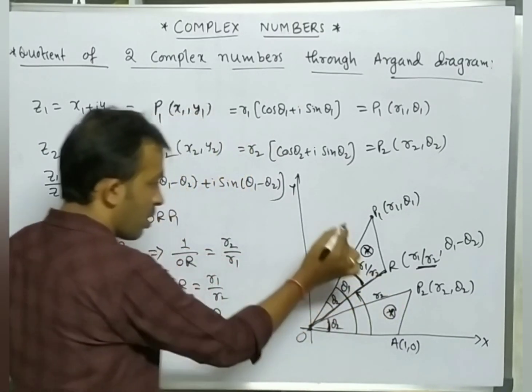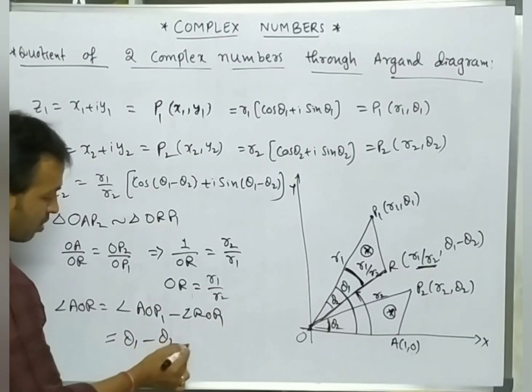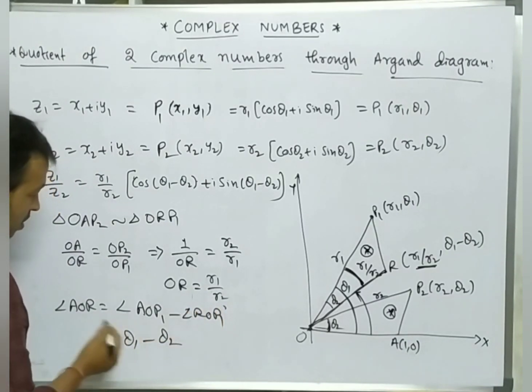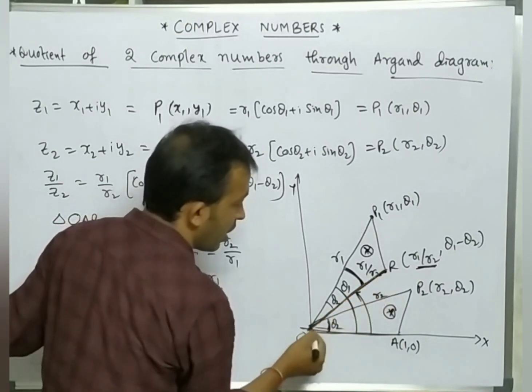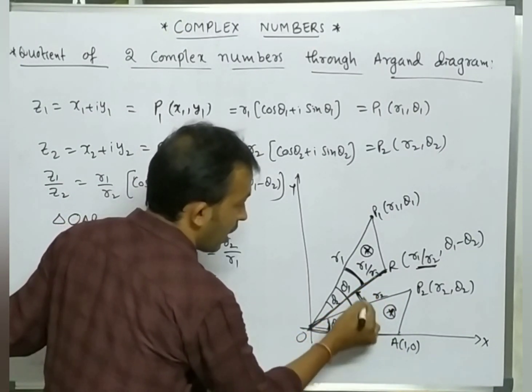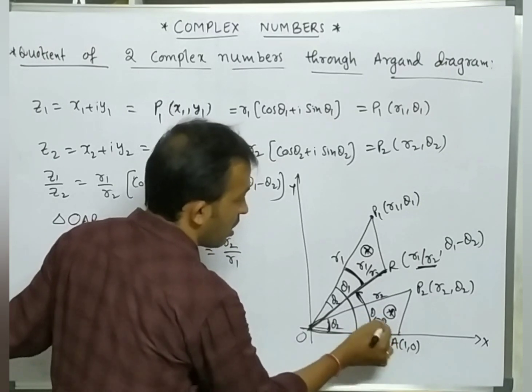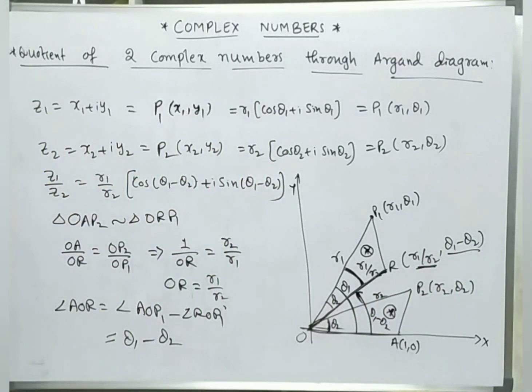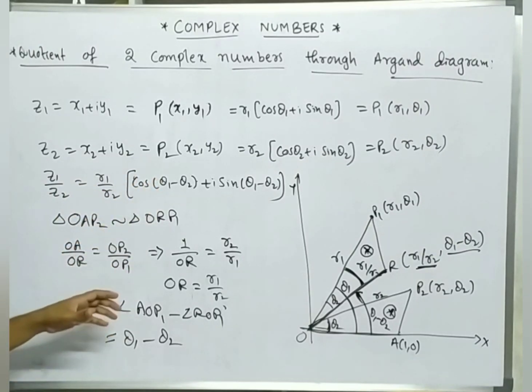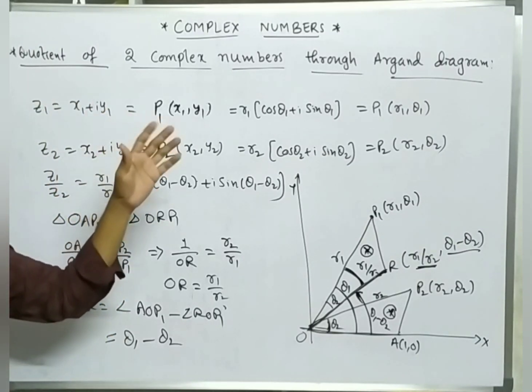So we subtract theta 2. Therefore angle AOR is theta 1 minus theta 2. This is the representation of the quotient of two complex numbers through the Argand diagram.